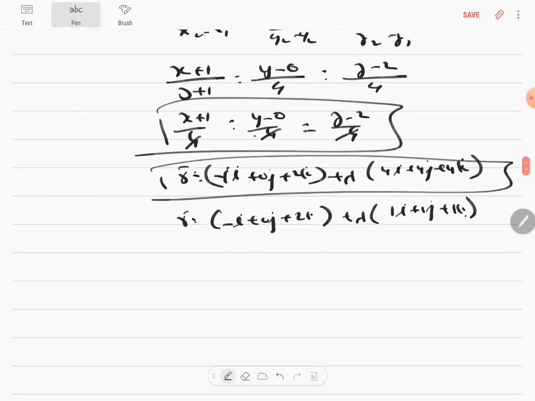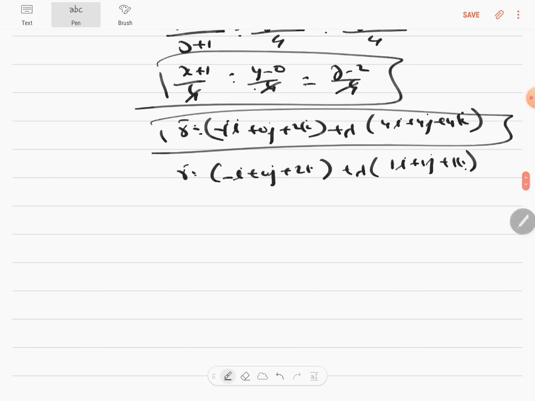So next is the next sum. So let's look at this question here. Show that the points whose position vectors are given are collinear. You have to show the 3 points are collinear.